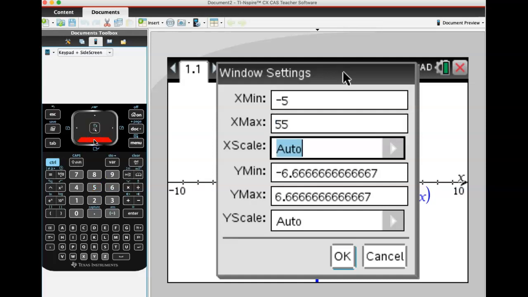And I'm going to put my x scale, what the heck did I put my x scale at? I think I put it at 5, we'll see. And my y minimum, because I know I'm getting really big, I'm going to go from about -100 to, I don't know, 1,500, 2,000. I'm going to go big or go home.